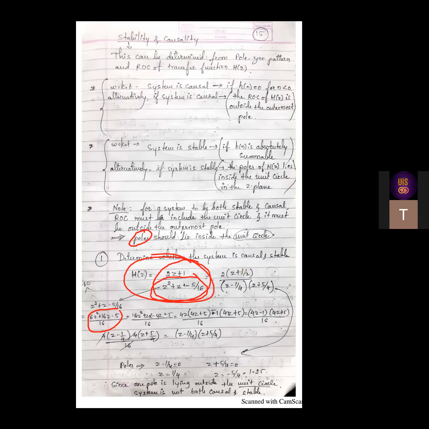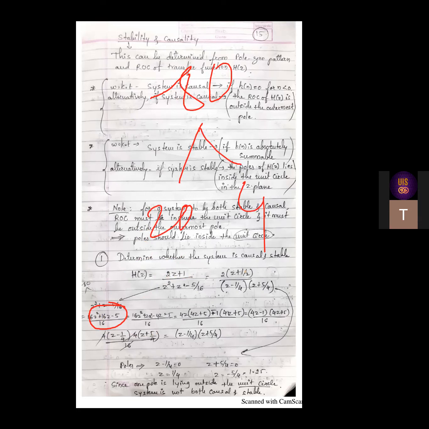Simply take the LCM. If you see, 16 fives are 80, so you should have minus 80 if you multiply. Then if you add, you should get 24z... You want minus and plus 16, so I think this should be plus, this should be minus.